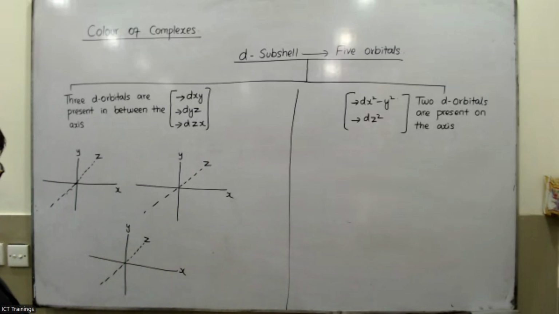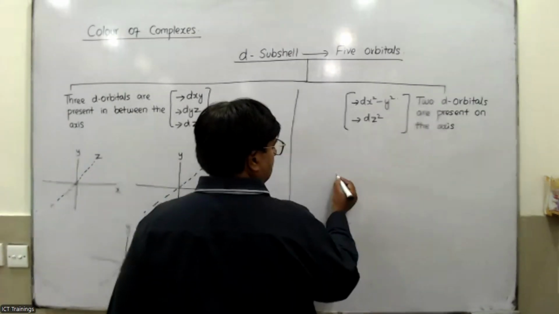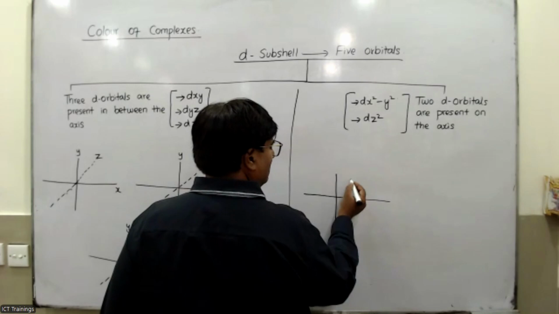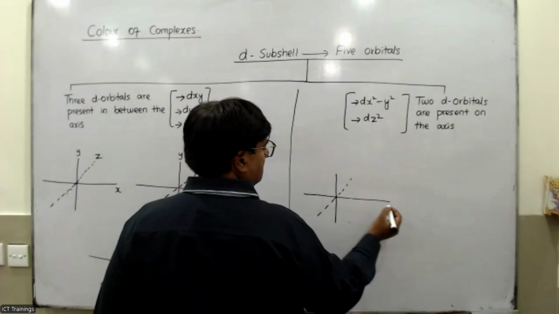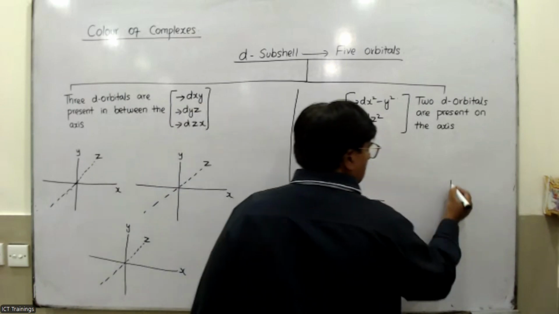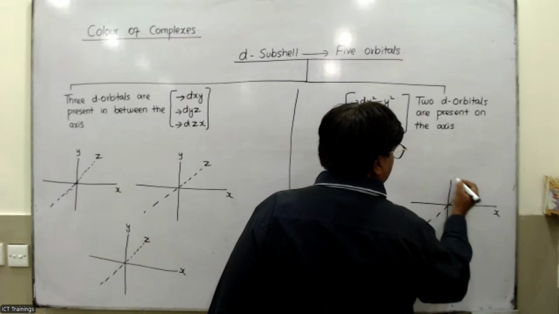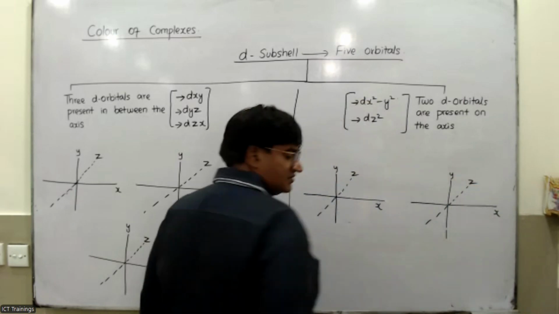Just like that, we want to draw the two orbitals up here. So first of all, draw the axis: this is x, y, z.